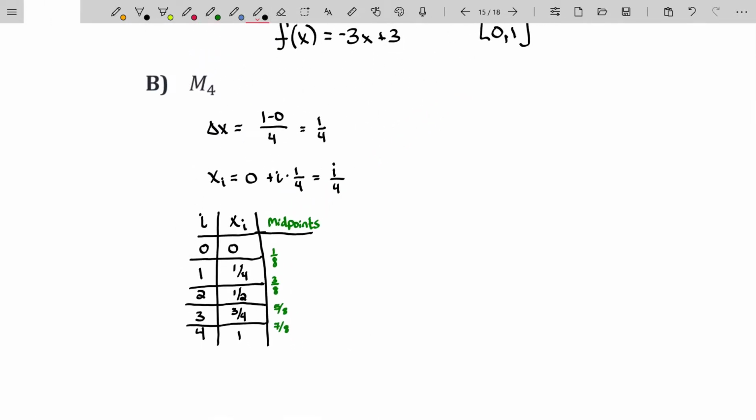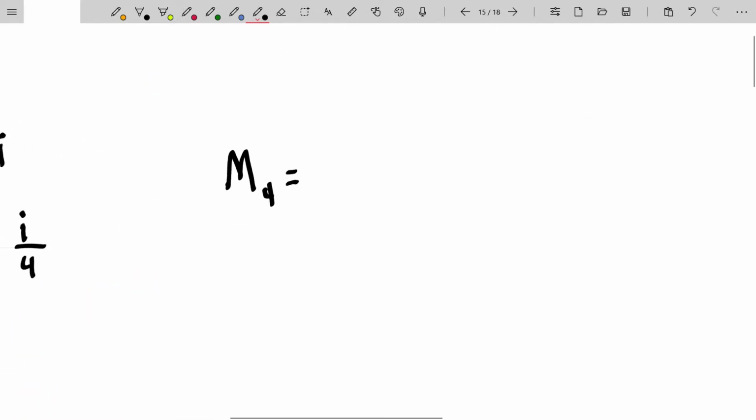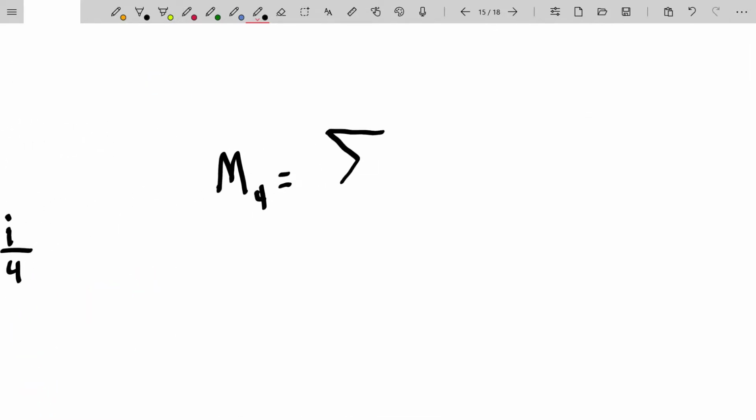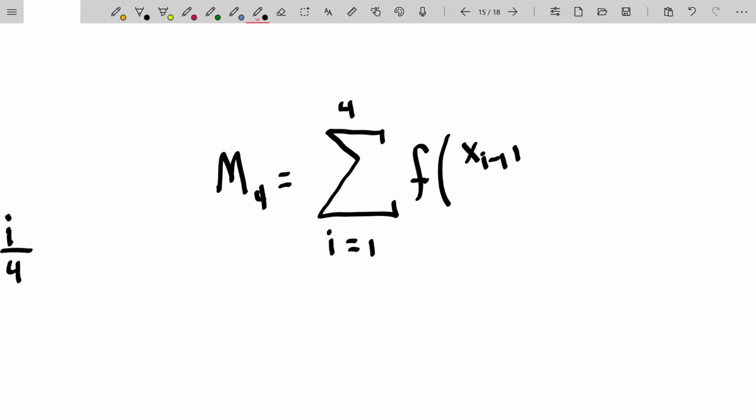So the midpoint method uses the same Riemann sum that we've been using all along, except the x sub i is traded out for the average, right? So we start at 1, we go to 4, we're evaluating our function at the average, x sub i minus 1 plus x sub i over 2, and then times delta x.